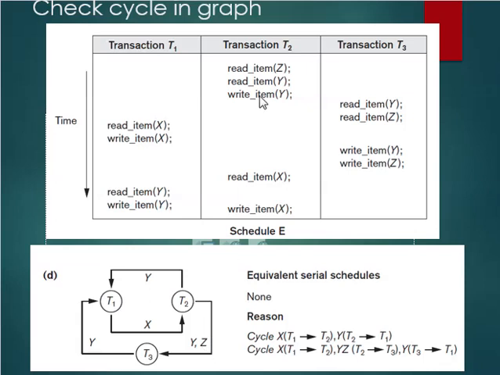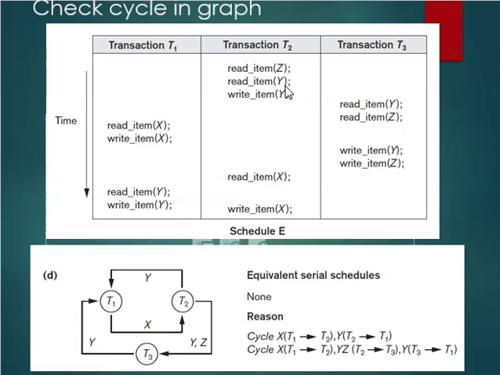Okay. Next you need to check the second operation, and according to time the second operation executed will be the operation of T2, read item Y. So you have to check whether any conflict exists between read item of Y in T2 and T3 as well as transaction T1.